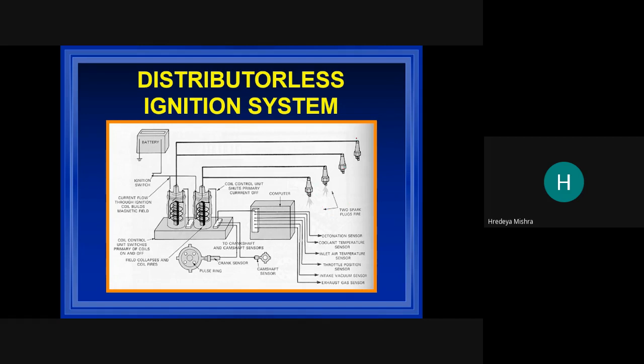It can control multiple spark plugs, and the control is very good. As we saw in the previous slide, there is no link with mechanical parts, so wear and tear of mechanical components is not possible here.